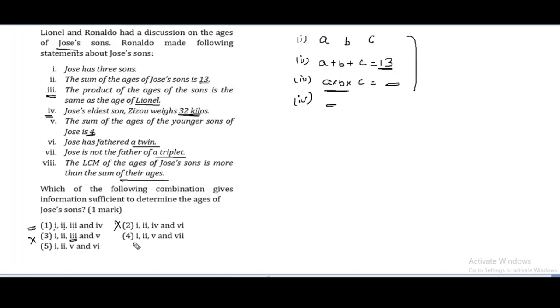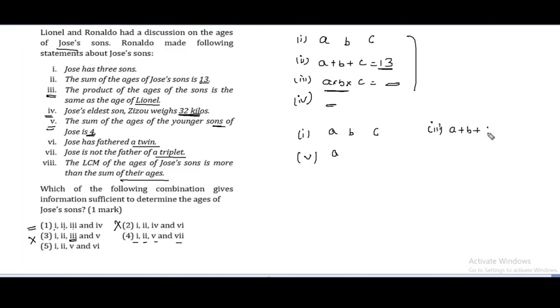If I use the fourth option, which gives me first, second, fifth, and seventh: the fifth information says the sum of the ages of the younger sons of Joe is 4. First and second we have already used: three sons, and the sum is 13.